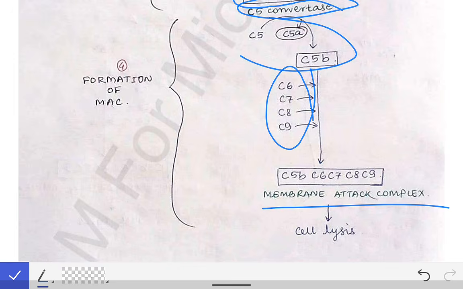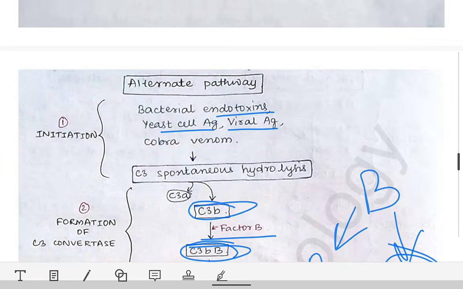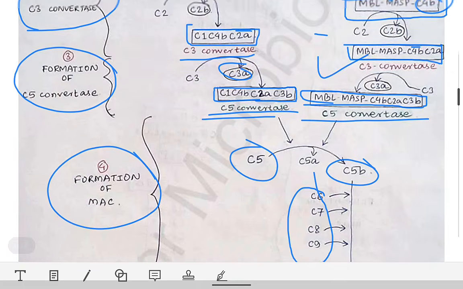So this is how the different complement pathways lead to the formation of the membrane attack complex and cause the cell lysis and thereby augment the immune response.